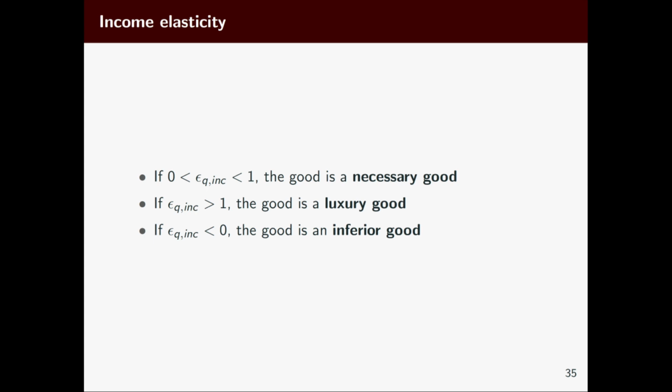If that income elasticity is between 0 and 1, we consider that a necessary good. If the income elasticity is greater than 1, we consider it a luxury good. Both necessary and luxury goods are considered normal goods. Okay, so that's the larger group here is normal. And if the income elasticity is negative, then we call that an inferior good.